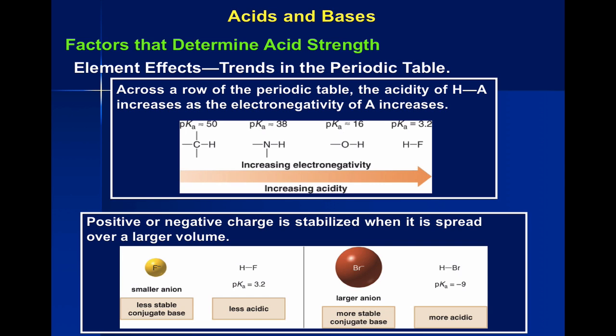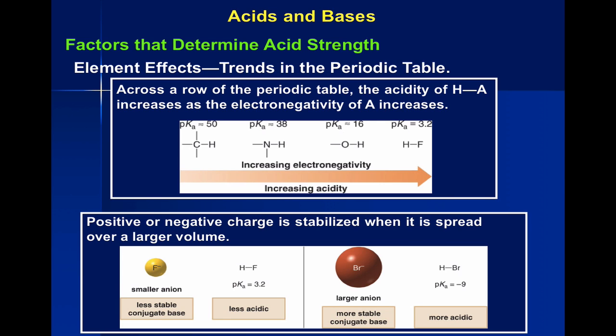F minus. Why is F minus the most stable? It's the most electronegative. And so F minus is able to accept that negative charge better than oxygen. Now, oxygen's pretty electronegative, but it's not the same. We know that the most stable conjugate base belongs to the strongest acid when we're doing these comparisons. Notice in both cases, the element that bears the negative charge is different, oxygen versus fluorine.